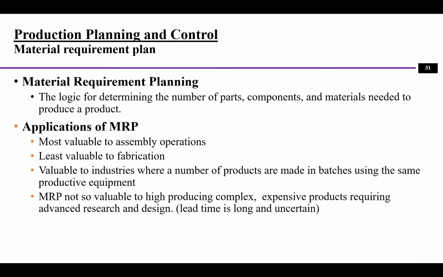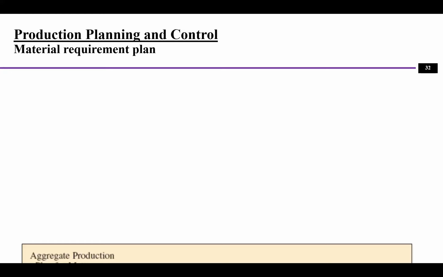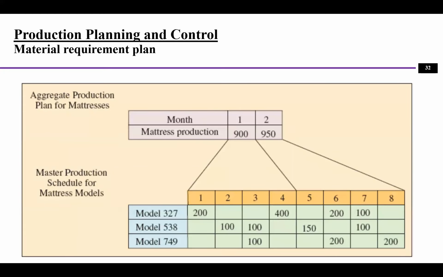For example, if the factory receives an order that needs to make 900 matrices in a month, right? And then based on this amount of order, I know what kind of subcomponents, what kind of parts I need.